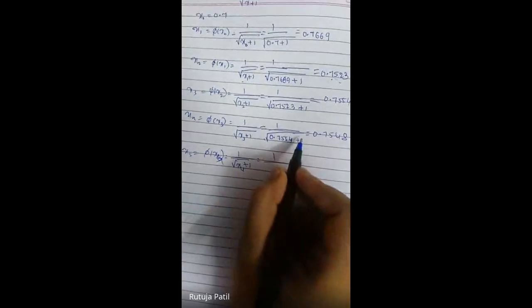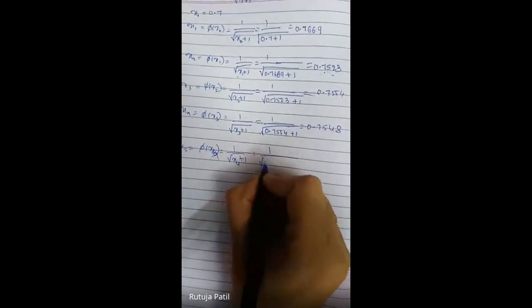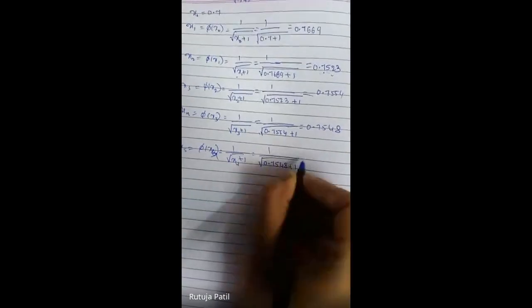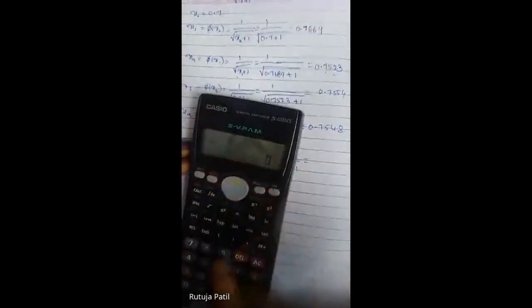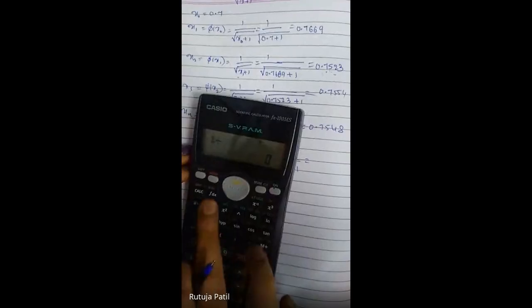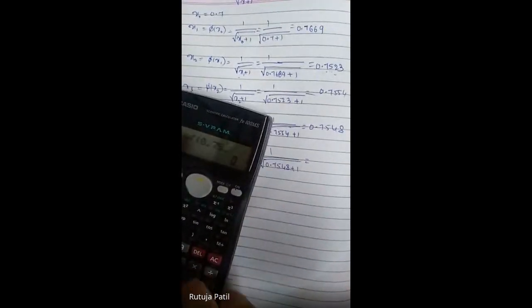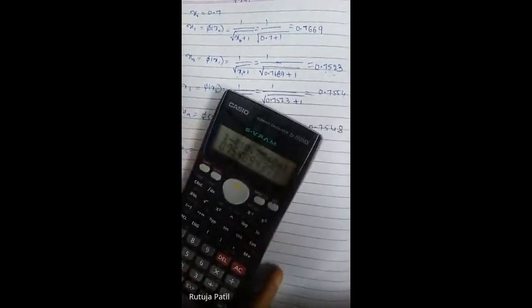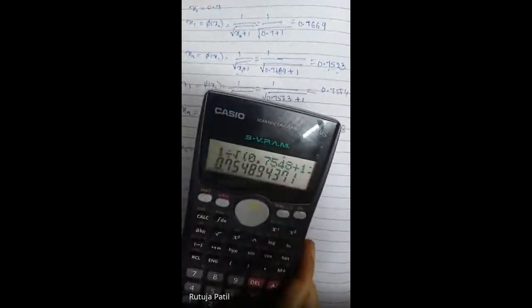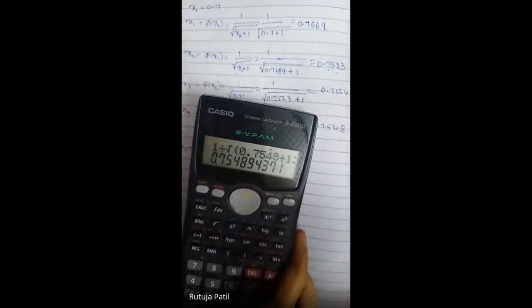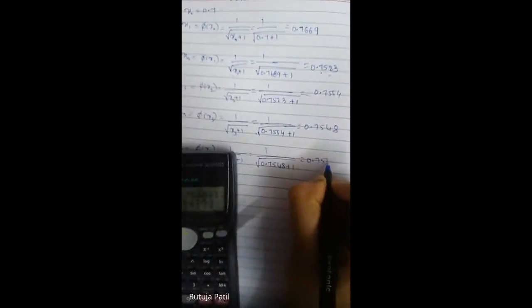What have we got for x4? 1 divided by square root of 0.7548 plus 1, that is 0.75489.